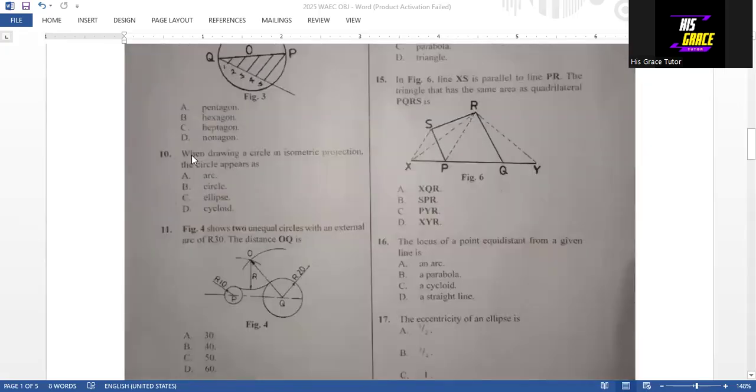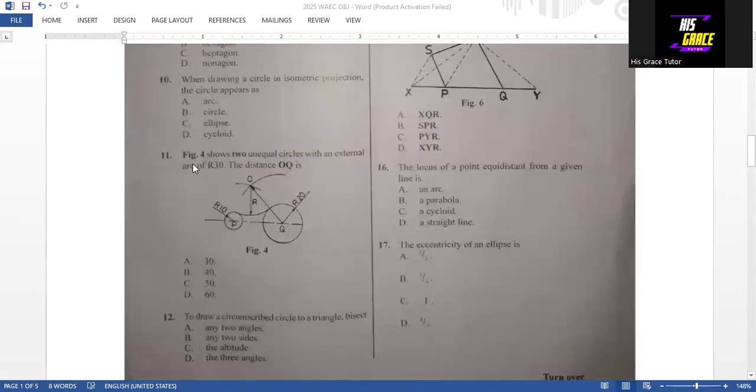Then question 10, when drawing a circle in isometric projection, the circle appears as an ellipse. That is option C, the answer to question 10. So question 11, figure 4 shows 2 unequal circles with an external arc of R30.